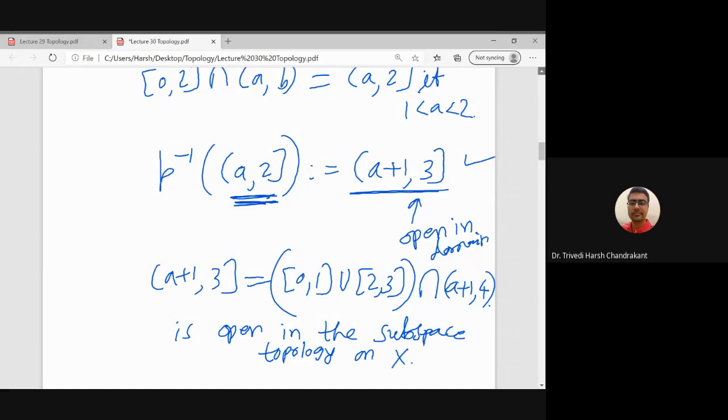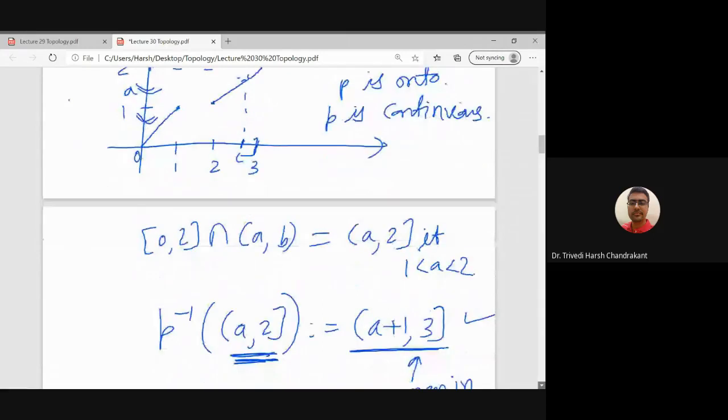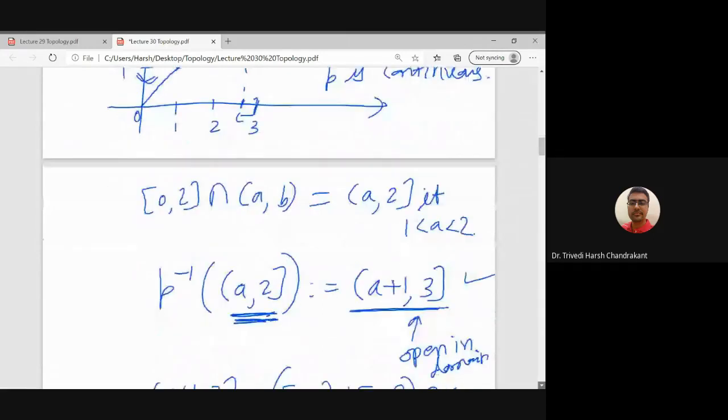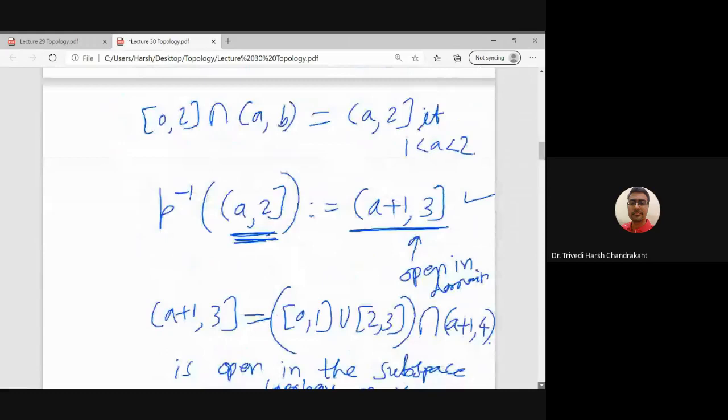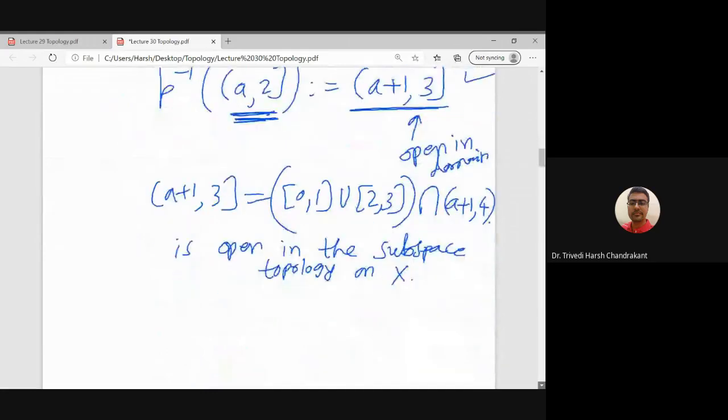So what are the other possible basic open sets? In case A is here, that is the other case. The same way you can consider the interval [0,A), where A is either here or here. So basically there are 4 types of basic open sets, and if over every type of basic open set the inverse image is an open set, then by the definition of a continuous function P is continuous.